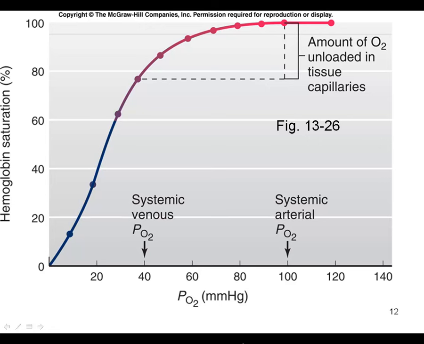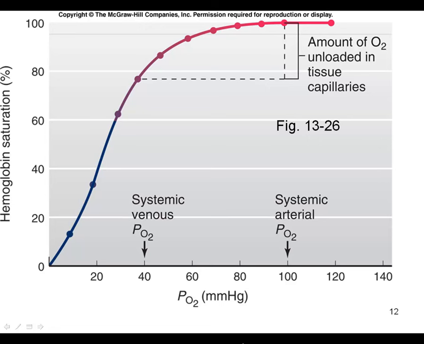So we've dropped from 100 to 40, we've dropped 60 millimeters of mercury, and saturation has maybe dropped 15 percentage points. Now go from 40 to 20. 40 to 20, saturation drops from 75 to 25. So it's dropped 50 percentage points.